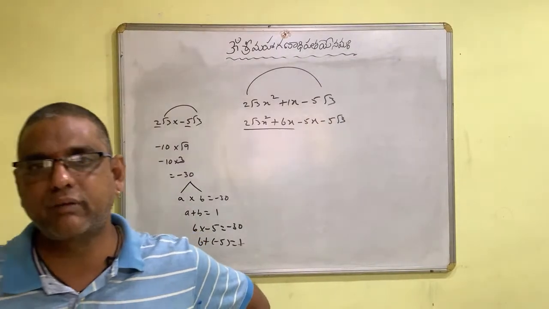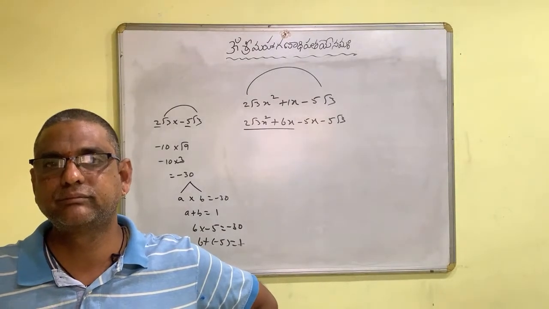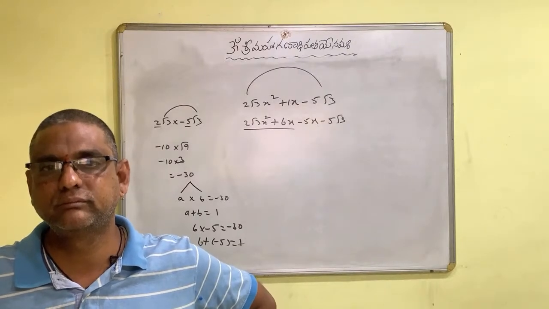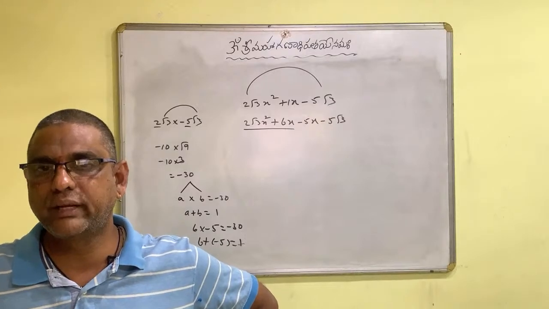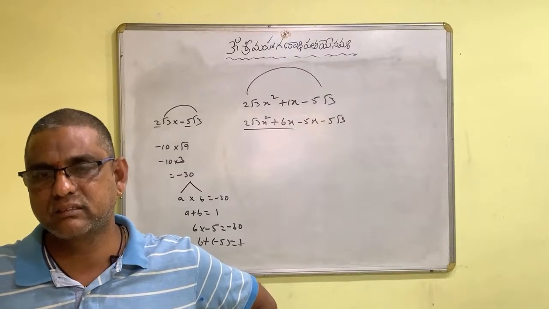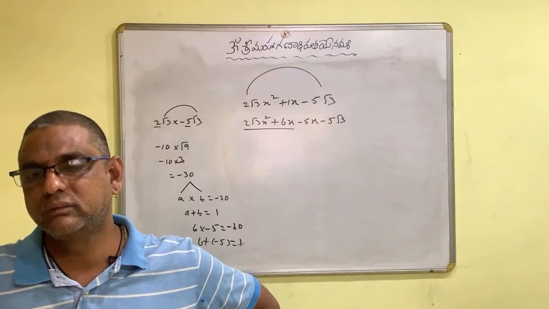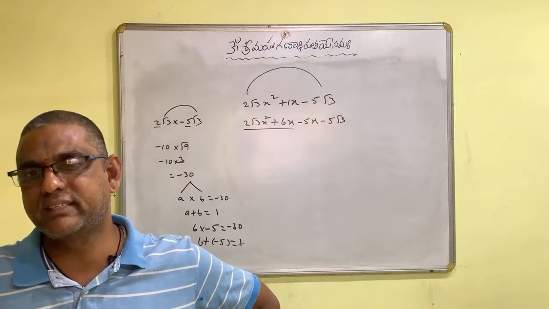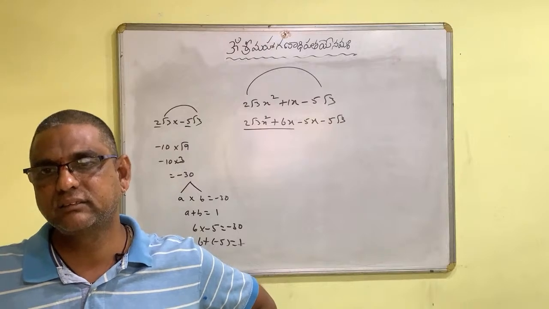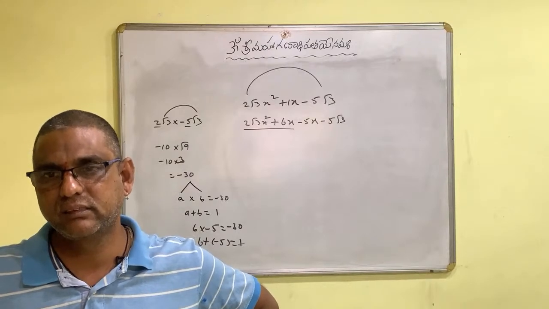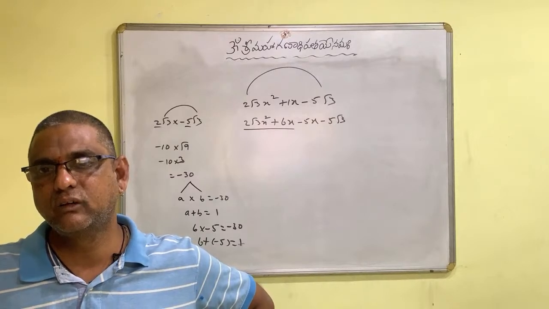What can we take common from 2 root 3x square plus 6x? 2 root 3x, x only, or only x? Which is right, x or 2 or 2x? Gautam says only x.